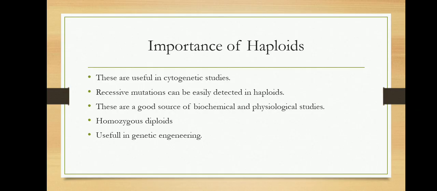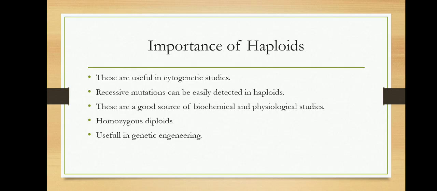Then next, last, the importance of haploids. Here the homozygous diploid plants can be used as pure lines in breeding programs. The haploid plants are useful in cytogenetic studies. Recessive mutations can be more easily detected in haploid plants than in diploid plants because they contain only one set of chromosomes.